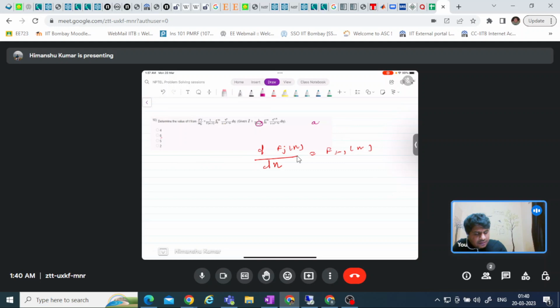Because this F of j will change by one order, the gamma factor will come as gamma j plus 1. So if we reduce to this order, then we need to take the derivative 6 times.